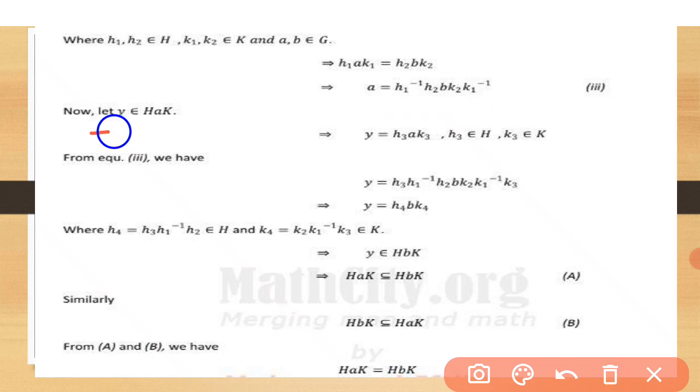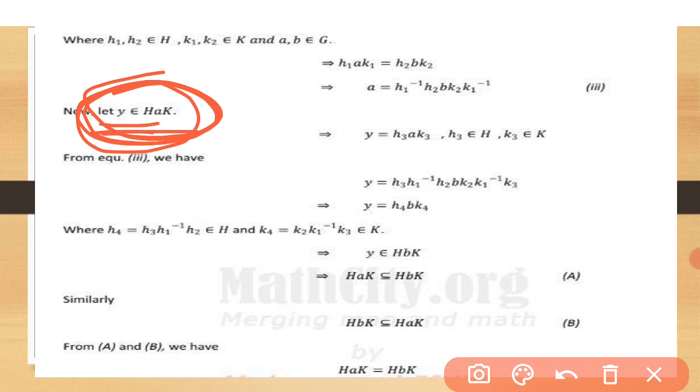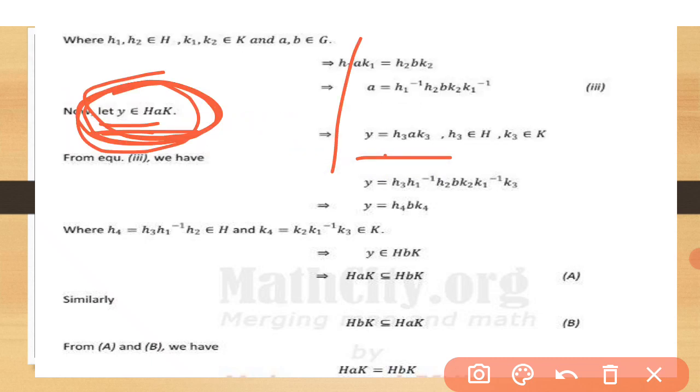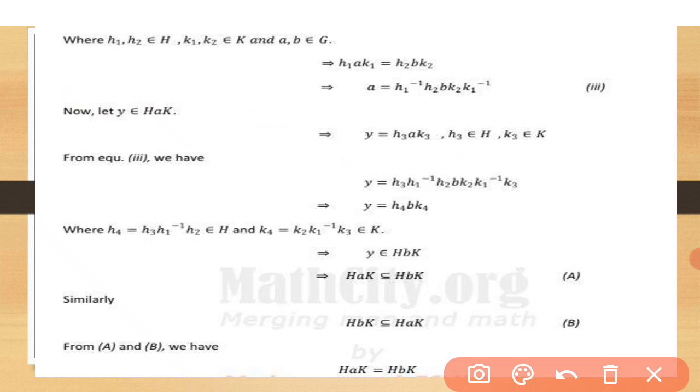Let us take an element Y which belongs to HAK. Look at this very carefully. We take Y equal to H3 A K3, because an element of HAK will be like this. Now put the value of this A here, and the value of A is this.